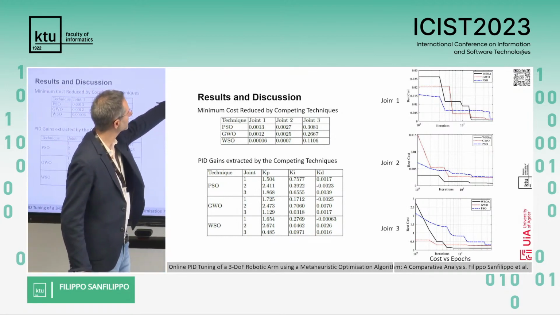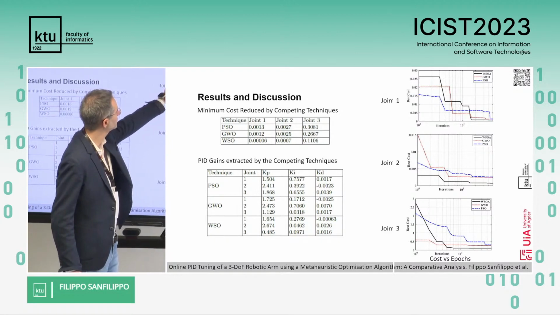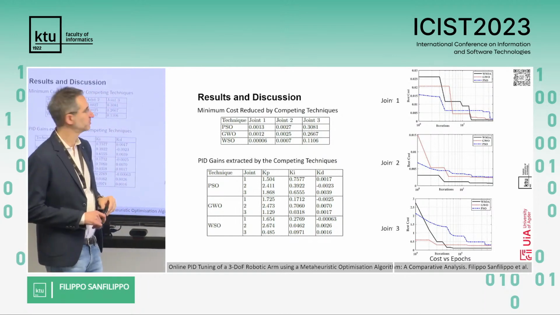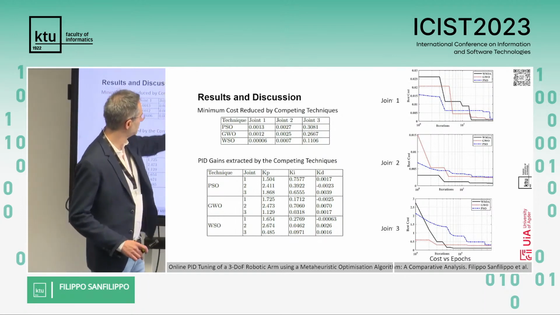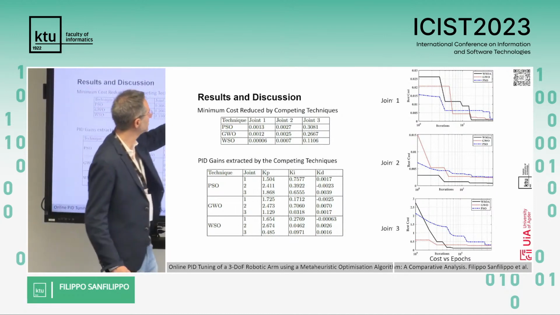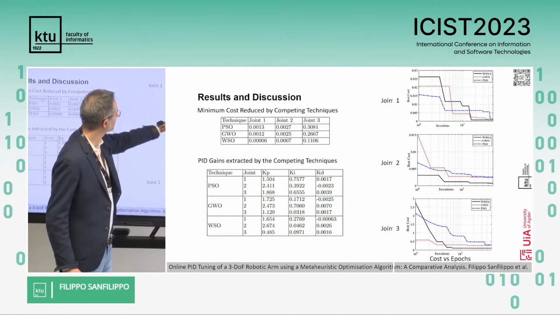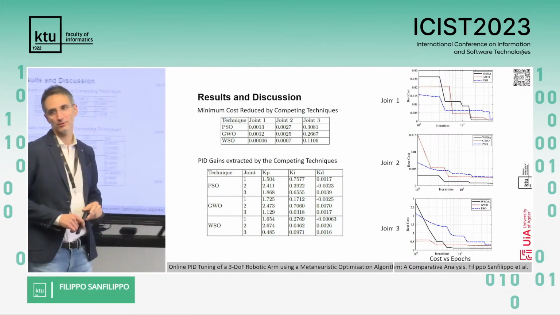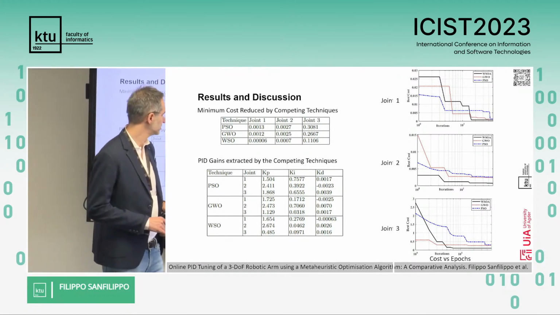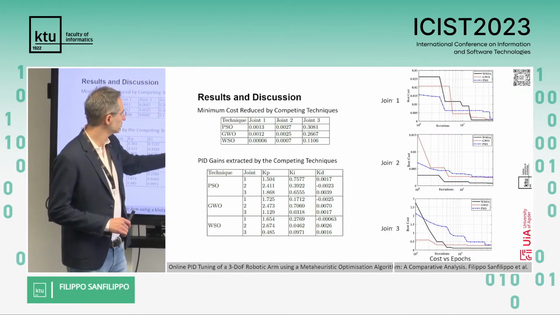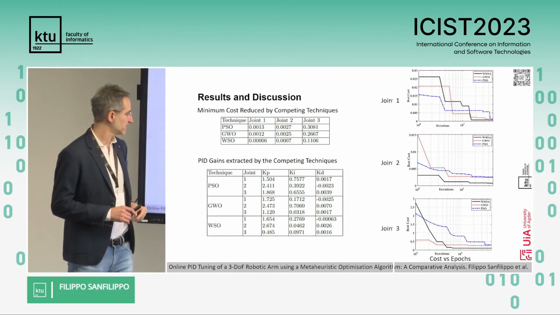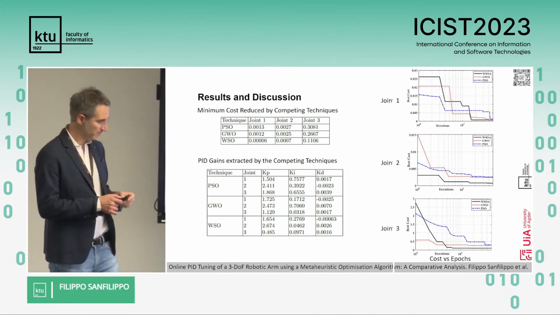The black line is the proposed method, WSO, red is gray wolf, and blue is particle swarm optimization for the 3 joints. As you can see, after a number of iterations, the black line goes below the 2 competing algorithms. That means that we are getting better performance over a number of epochs.